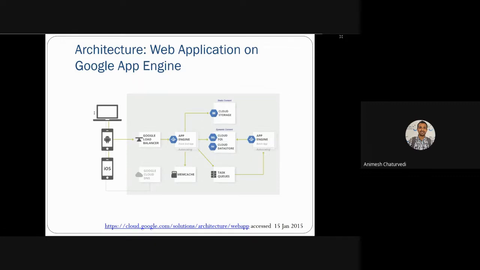Then it can do dynamic query allocation and processing with Cloud SQL or Cloud Datastore. Then there is the memcache we had discussed, which does efficient processing by storing important information like authentication and account information. Then there is task queuing, meaning whichever task has higher priority will be executed first, and the App Engine is managed in this way.